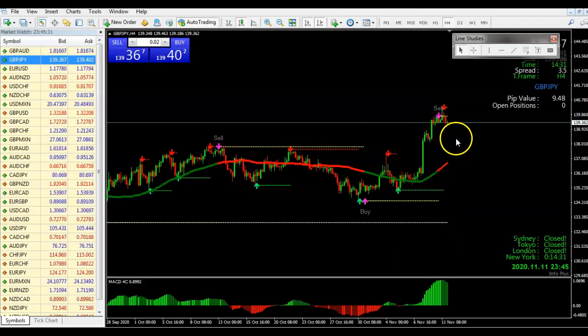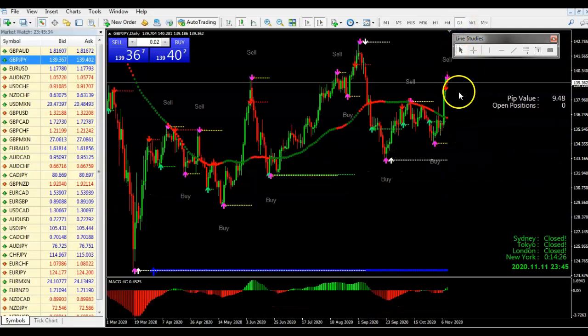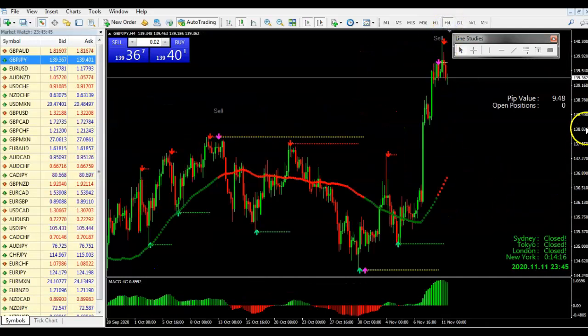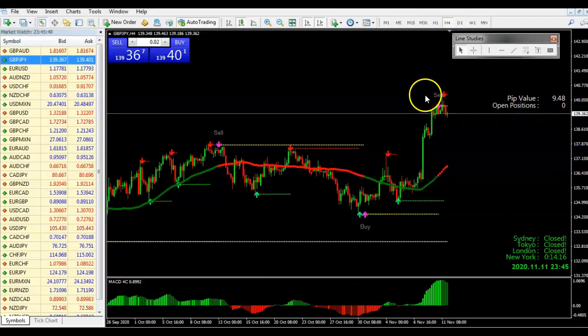So be very, very careful. As of today, that's going to be a pullback, obviously, because the master trend is going up. So the safest way to trade is obviously not to take this trade down.